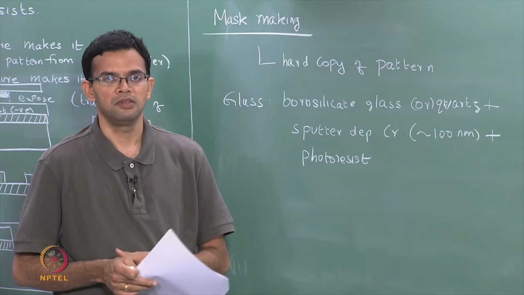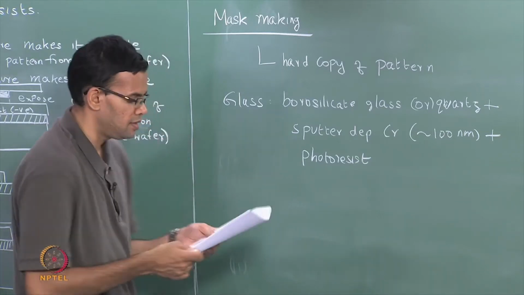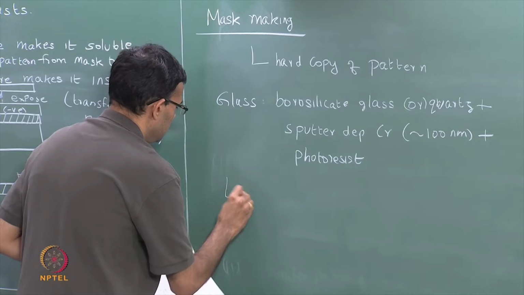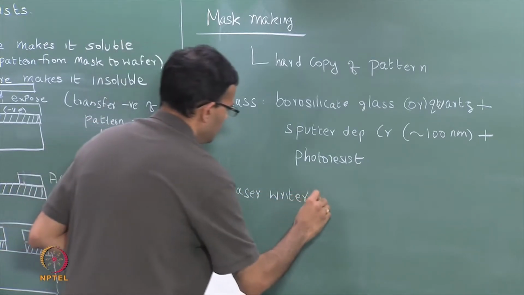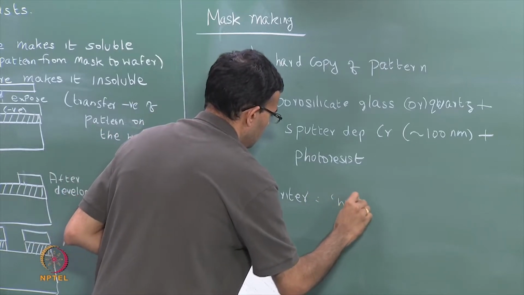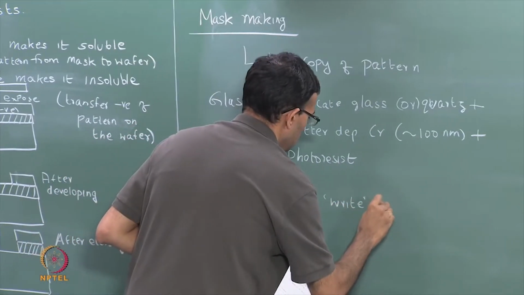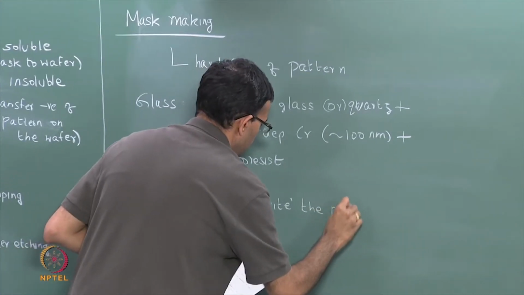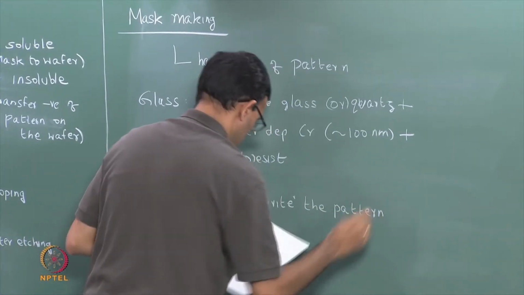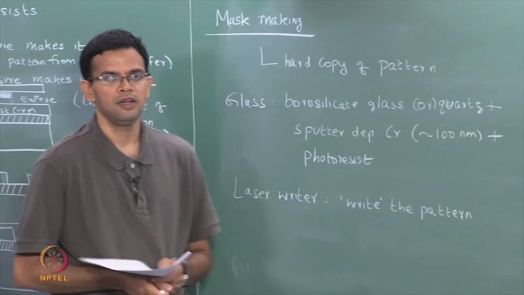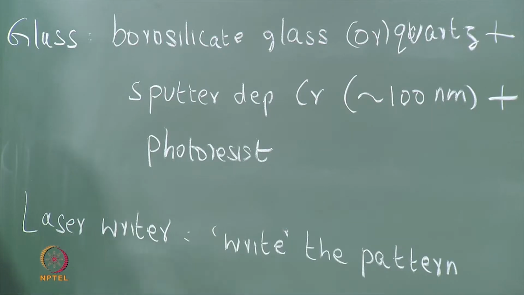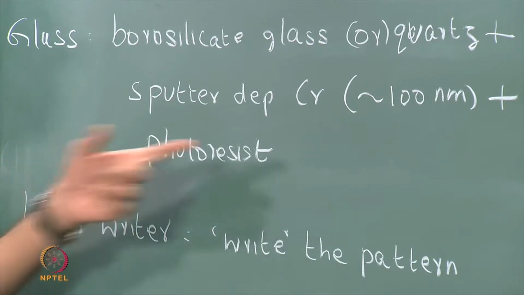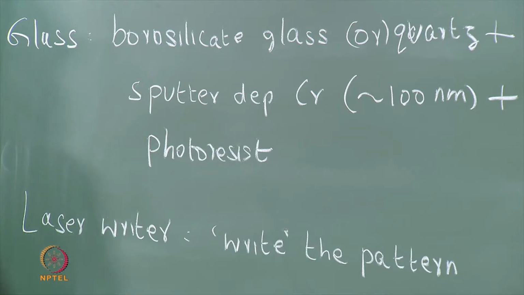Then the pattern is written onto the mask using a laser writer. So there is usually a digital copy of the design, and the laser writer exposes specific areas of the photoresist on the glass depending upon the pattern.